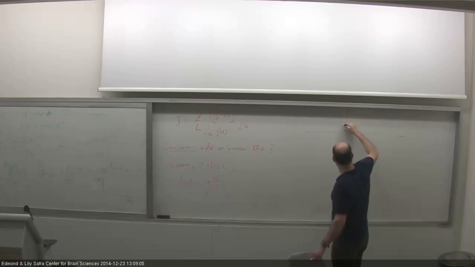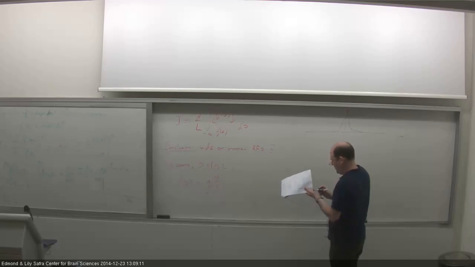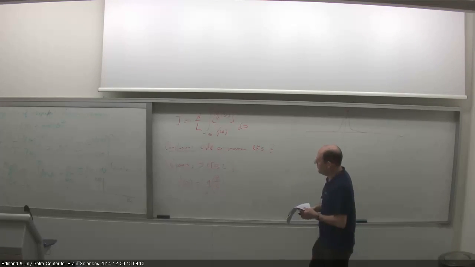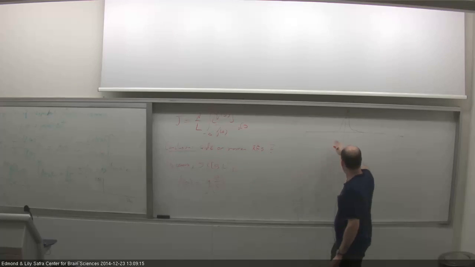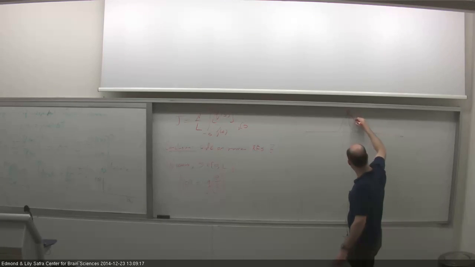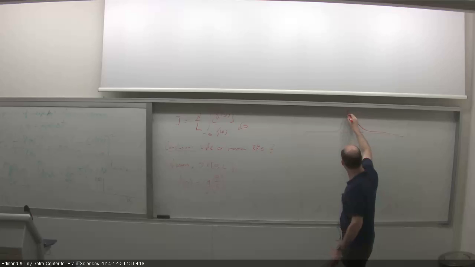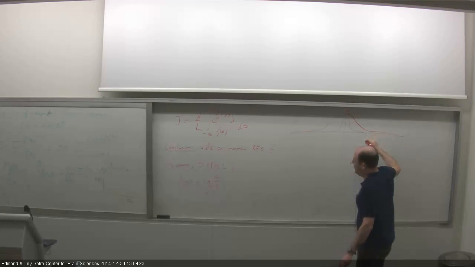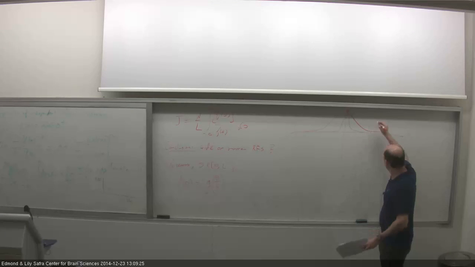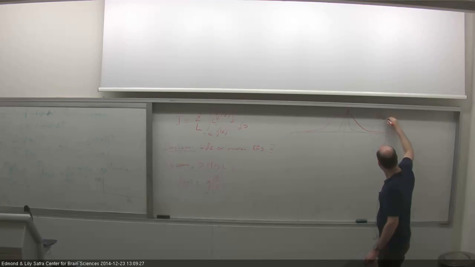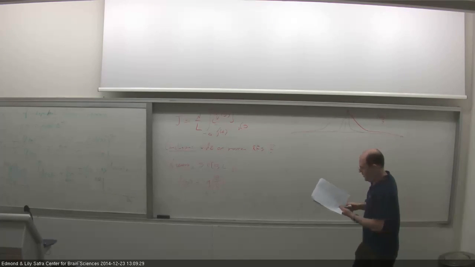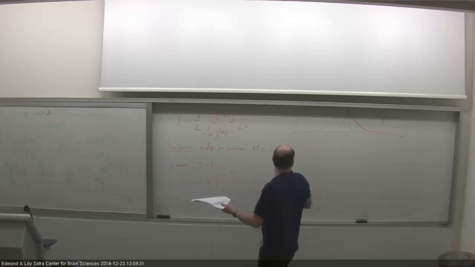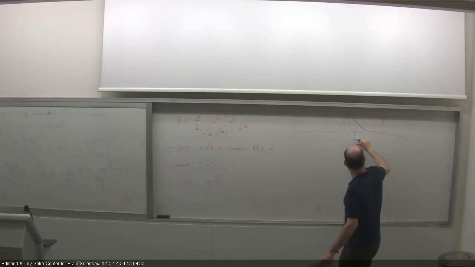For example, g might have a particular form that looks like this, but depending on my choice of s, f will either be like this or it will be more wide. This is larger s, and this is smaller s.